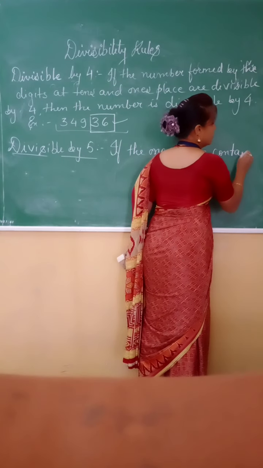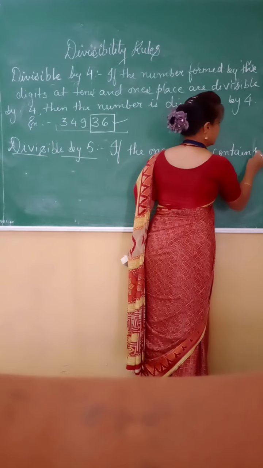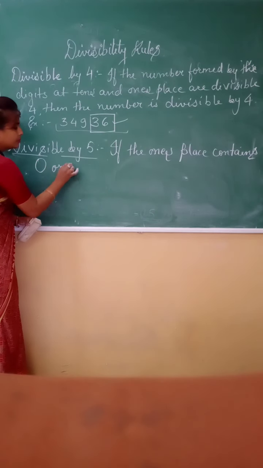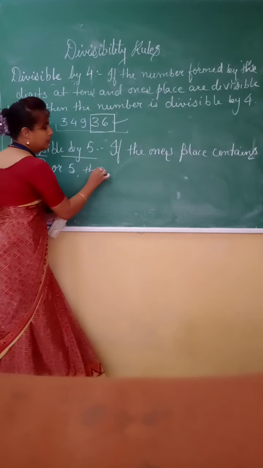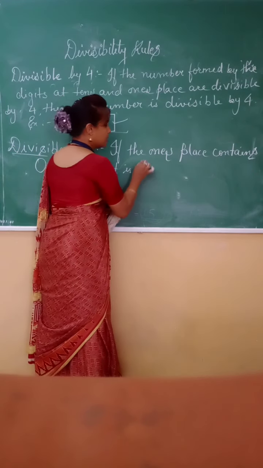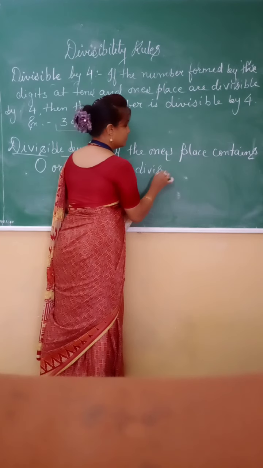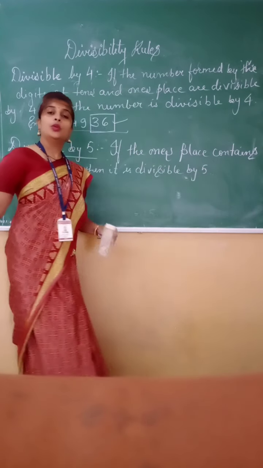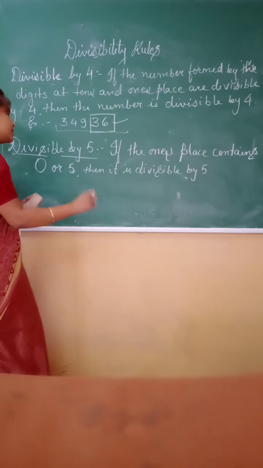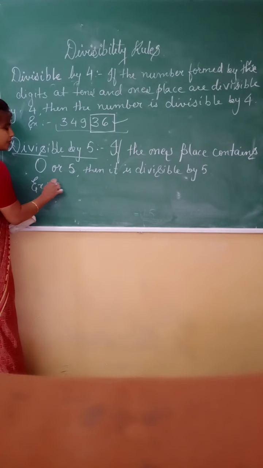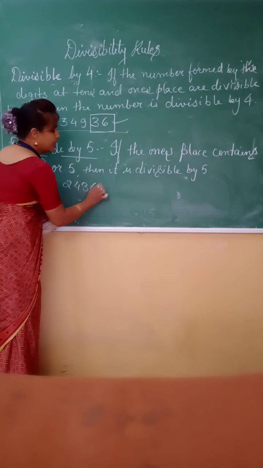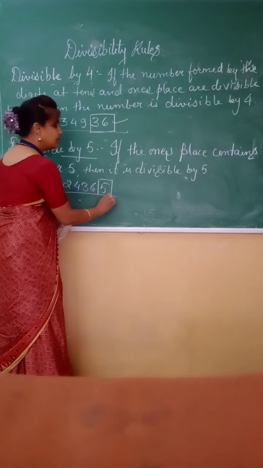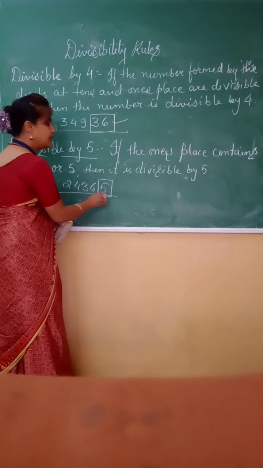For example, 2, 4, 3, 6, 5. If we have such a number, just check the last digit, that is the ones place digit.